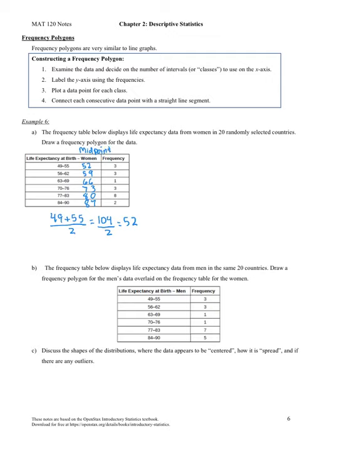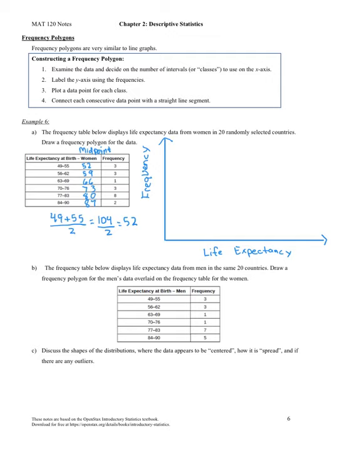Once we have our midpoints made, we are going to go ahead and construct our x and y axis. Next, go ahead and label your axis. And after you label your axis, go ahead and identify your increments on each axis.